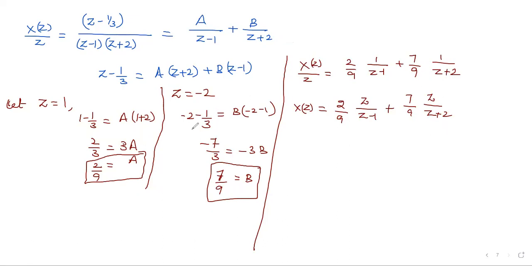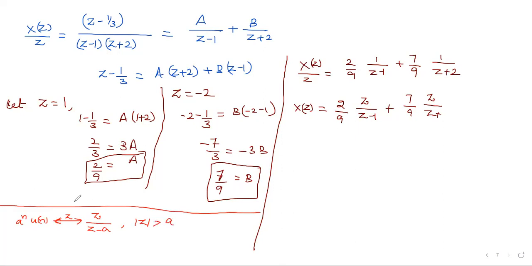Sir, you may ask this question, and I will write that question here. Sir, Z by Z plus 2. Let me take the formulas here: the Z transform of A power n u of n is Z by Z minus A, mod Z is greater than A. But sir, here they have given plus 2.